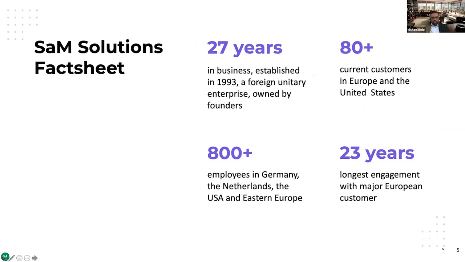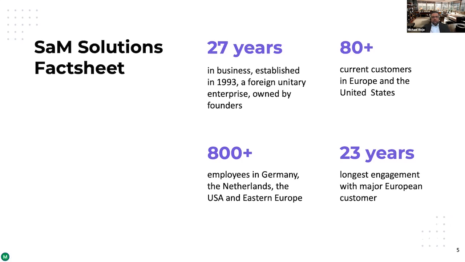So as we go to the next one, real brief about SAM Solutions and who we are. We bring over 27 years of expertise in the business. We were established in 1993, actually in Germany. And as of today, we've grown to a huge company with over 800 employees. And even better, some of our customers are still with us from going back 20 plus years.